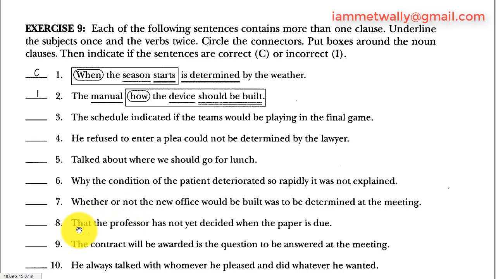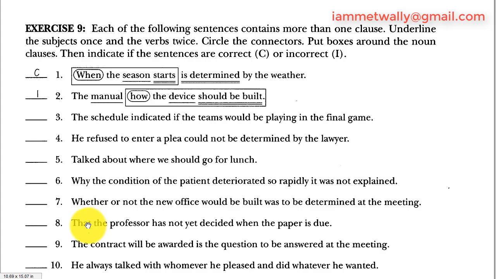8. That the professor hasn't yet decided when the paper is due. That, the connector, the professor is a subject, hasn't decided, this is the verb. When is another connector, the paper is subject, is due is another verb. So where is the verb in this sentence? So that the professor hasn't decided yet when the paper is due.